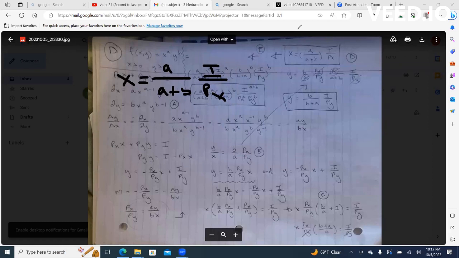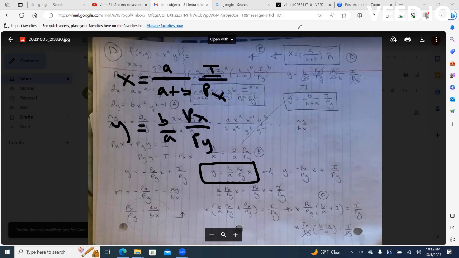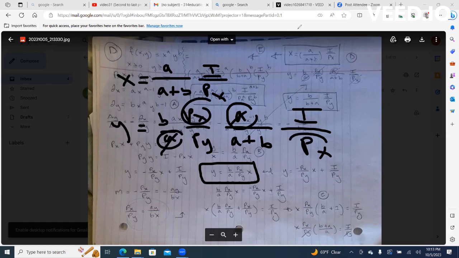So we have y equals what? We have y equals him. So plug it on in there. Y equals b over a, px over py. The x is going to be a over a plus b, I over px, and things happen like an a cancels, a px cancels, and that's why we get this thing that I have circled over here.